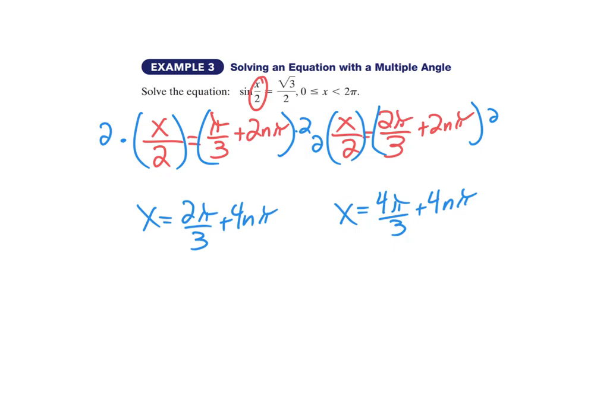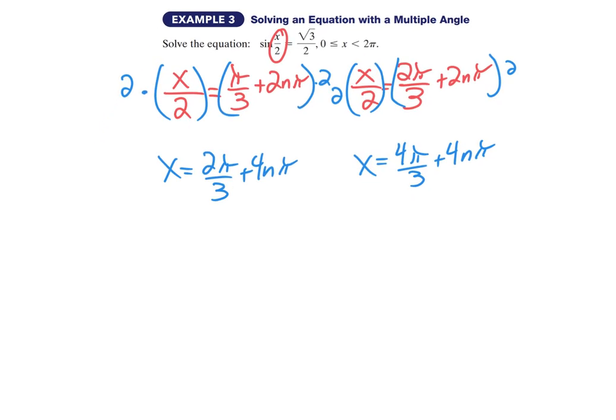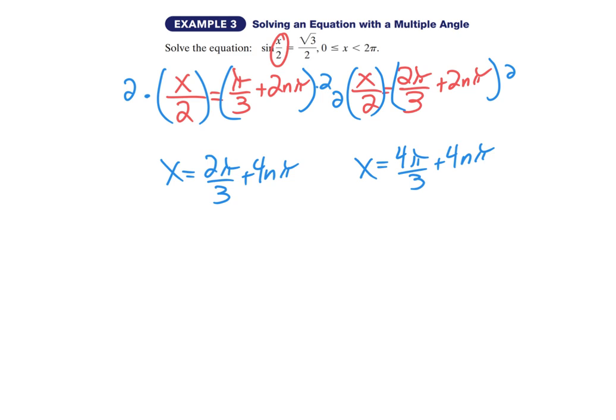Okay, now we would normally go through the chart again like we did on the previous problem. So n equals 0 will give me 2 pi thirds on this first equation. If I put 1 here though, and I'm going to add 4 pi, would that be above my 2 pi requirement? Yes.